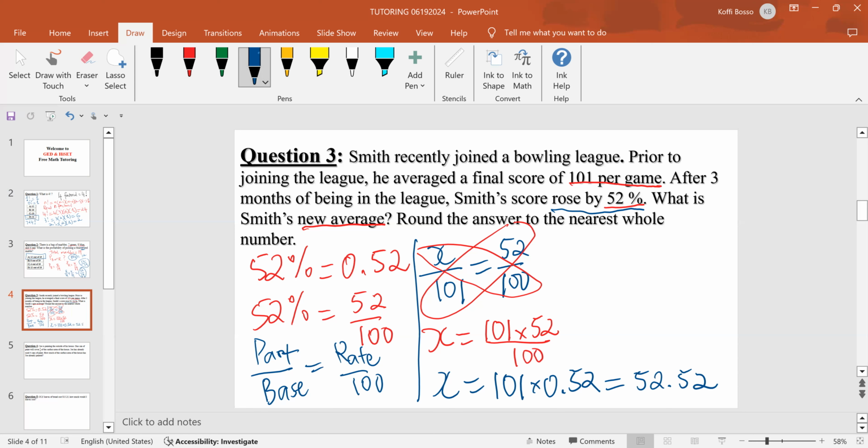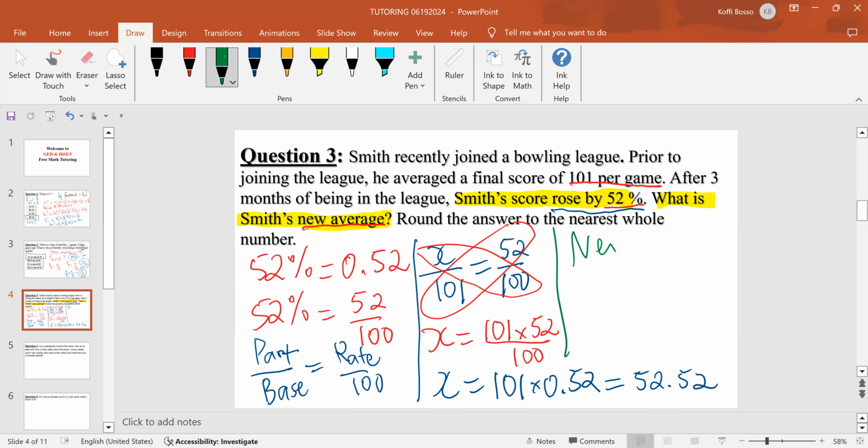That is very important. The question is not asking for 52.52, but the answer has to be 52.52 added to 101, because they say, what is Smith's new average? Smith's score rose by 52%.